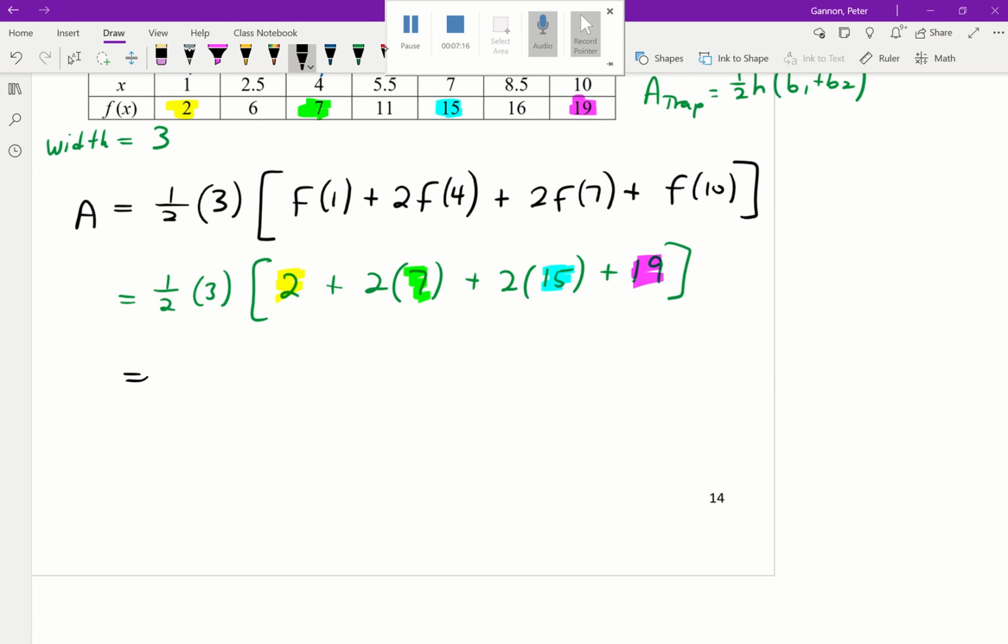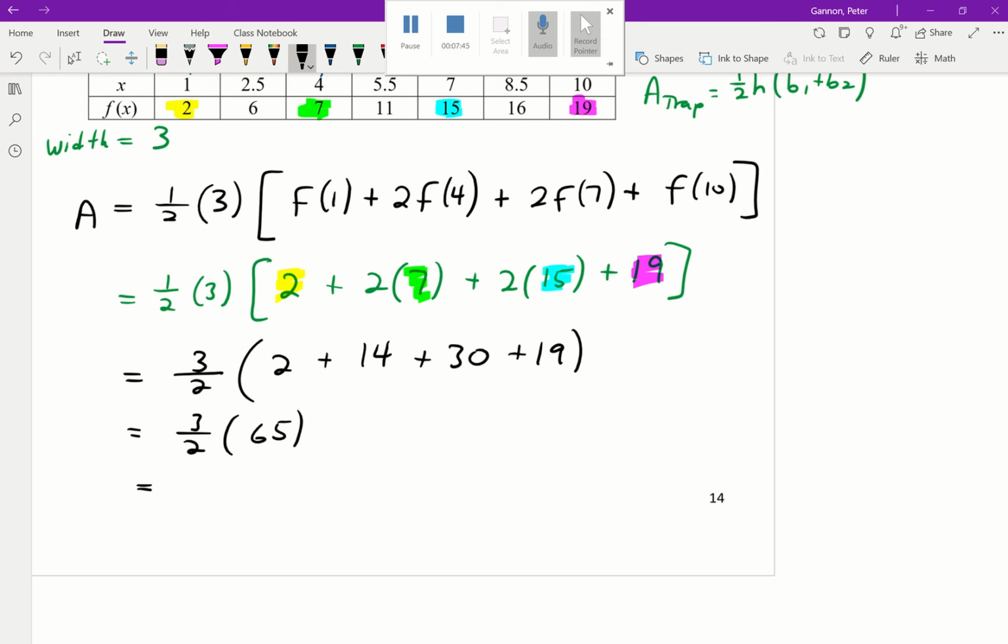And as I start to simplify, 1/2 times 3 is 3/2. All right, and then we've got 2 plus 14 plus 30 plus 19. Just simplify that down. We've got 16, 46, and then 46 plus 19, what is that, 65?